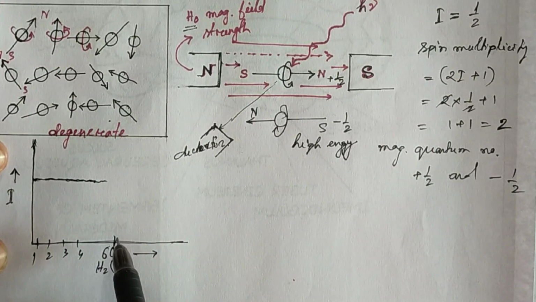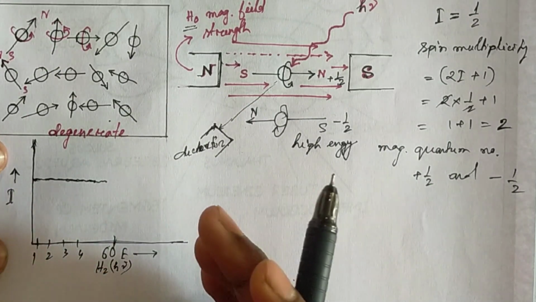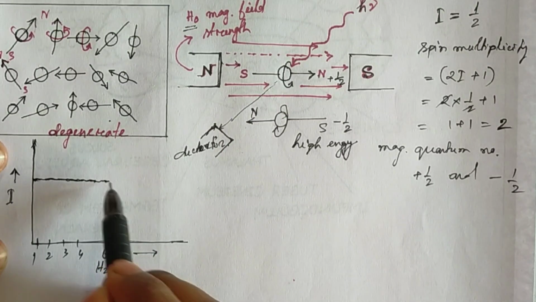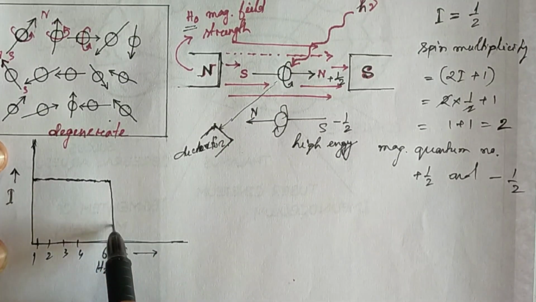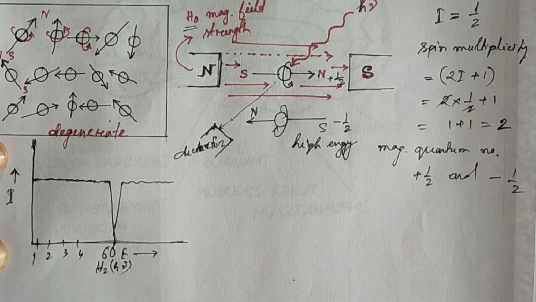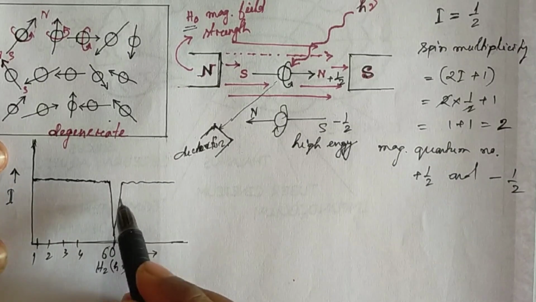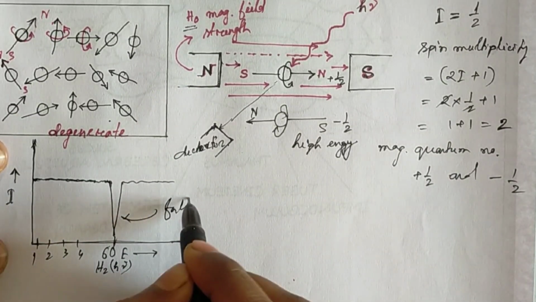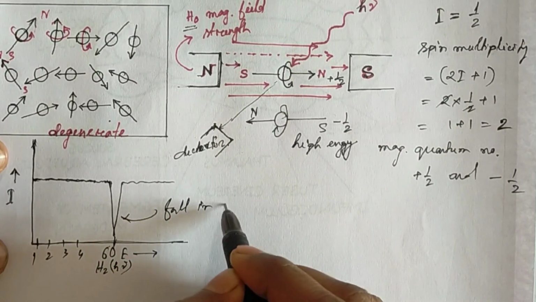When that nucleus reaches 60 hertz, immediately there will be a fall in intensity here, at the peak.